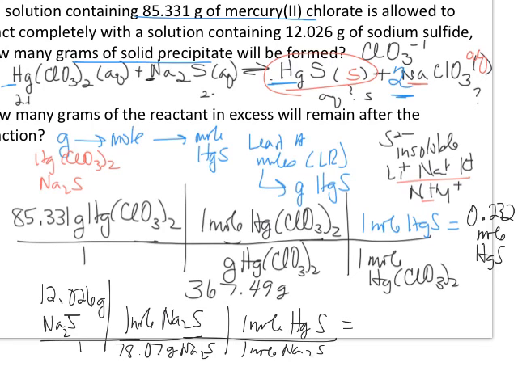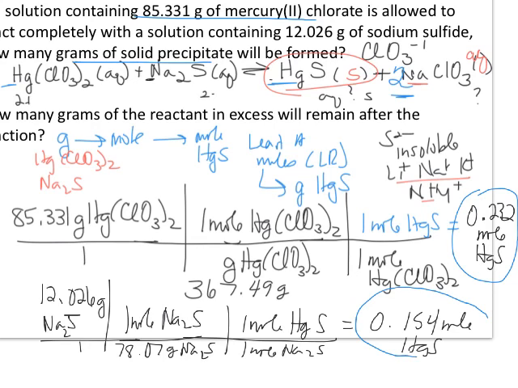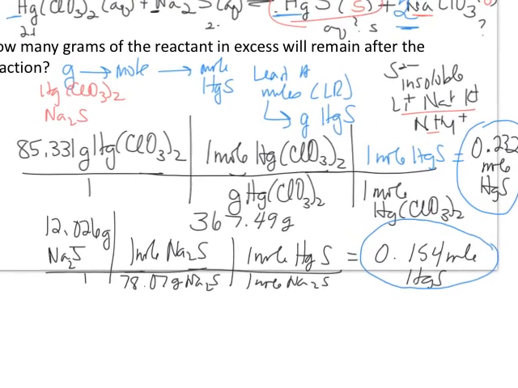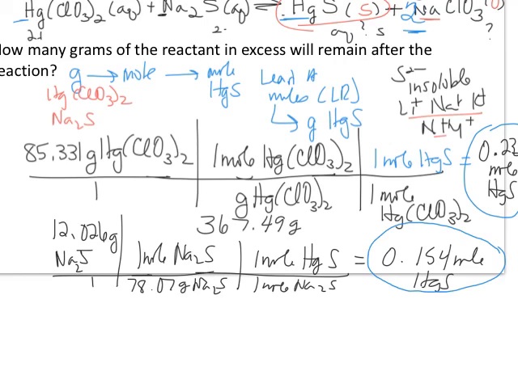So when we put that in our calculator, our answer is 0.154 mole of mercury sulfide. When we compare these numbers, the mercury chlorate generates 0.232 moles of mercury sulfide, and the sodium sulfide produces 0.154 mole of mercury sulfide. So which is our limiting reagent? That's right. Sodium sulfide is our limiting reagent.